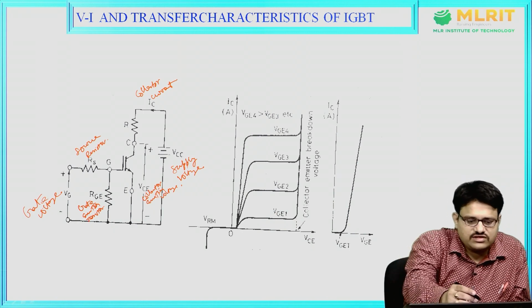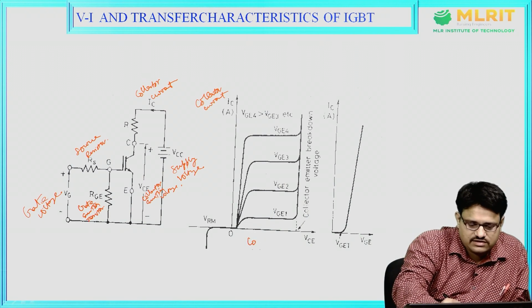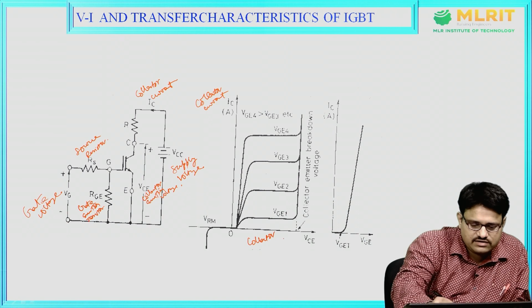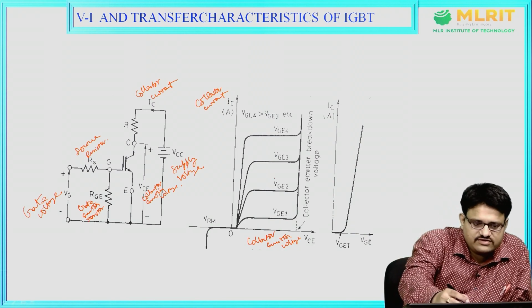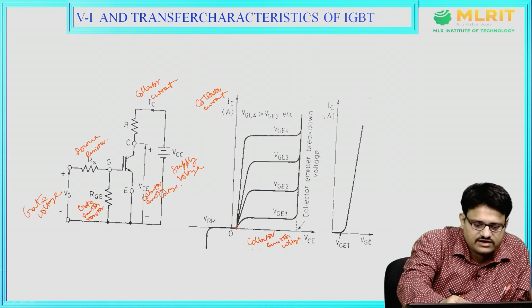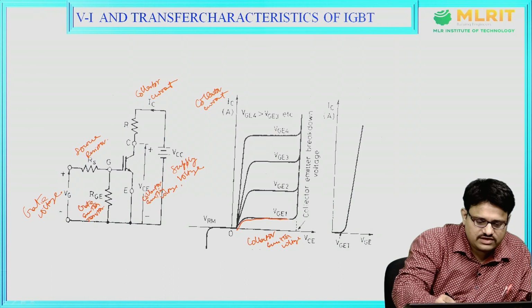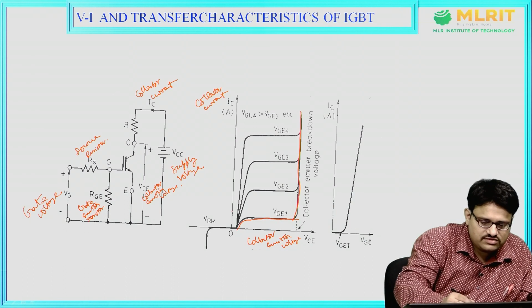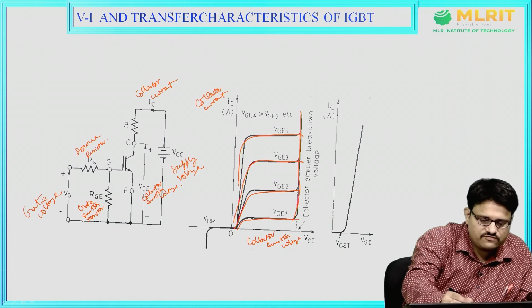And here, as we see, the graph drawn between collector current and collector emitter voltage, VCE, is nothing but the VI characteristics of the IGBT. It is increasing like this: VGE2, VGE3 and VGE4.